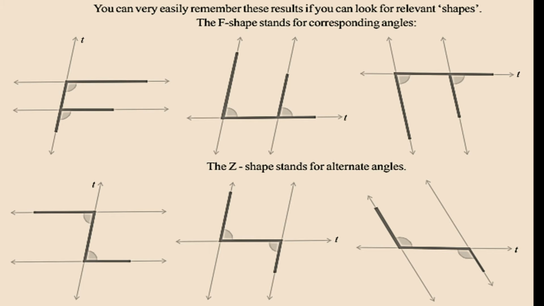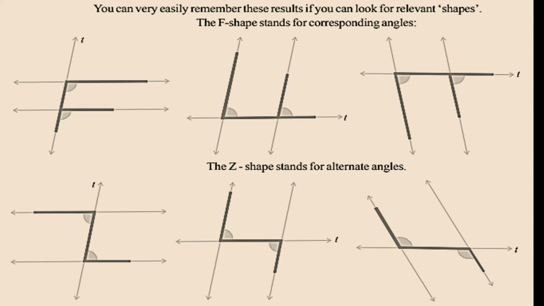Now you can very easily remember these results if you look for relevant shapes. The F shape stands for corresponding angles. You see the shape of the corresponding angles, it will form an F. See the two angles in F. Everywhere you see two angles, the form of F. Same way the Z shape stands for alternate angles.